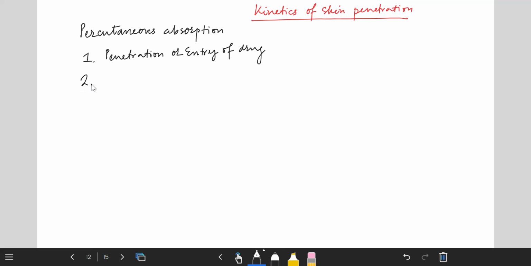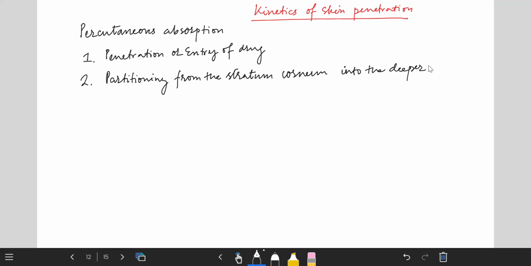Now, the second step is partitioning from stratum corneum into the deeper layer. Deeper, actually aqueous epidermis layer.